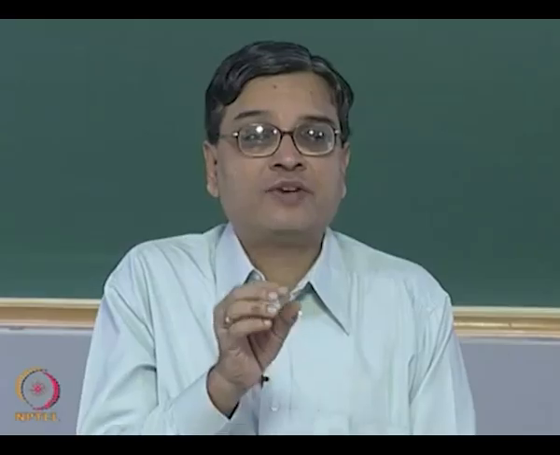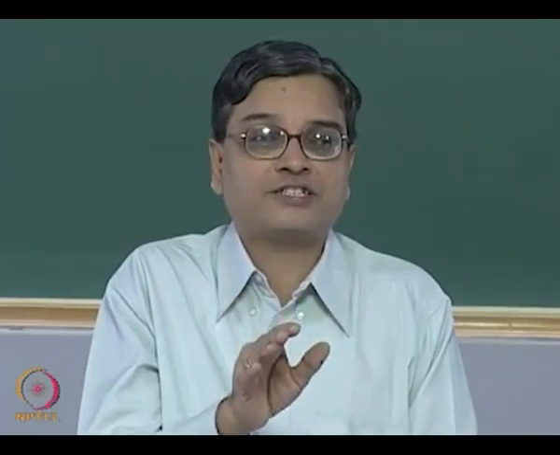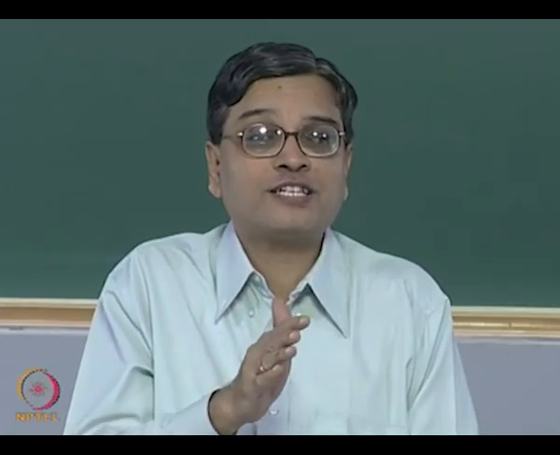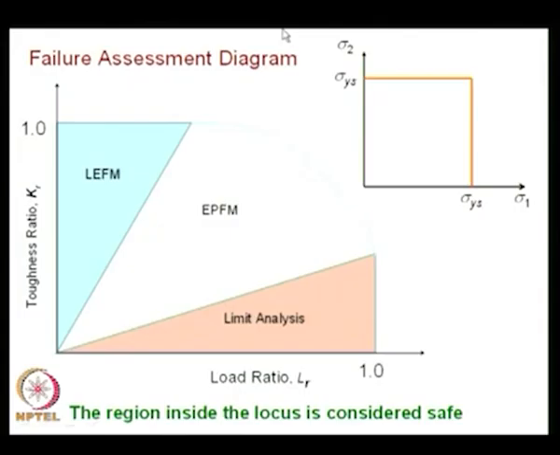You know what people have found is, suppose you take a structure and analyze whether it satisfies brittle fracture. Suppose it satisfies brittle fracture. Independently analyze whether it satisfies plastic collapse. You find it satisfies plastic collapse. Even then, if you use the failure assessment diagram, the point may lie outside this boundary. The region inside the locus is considered safe.